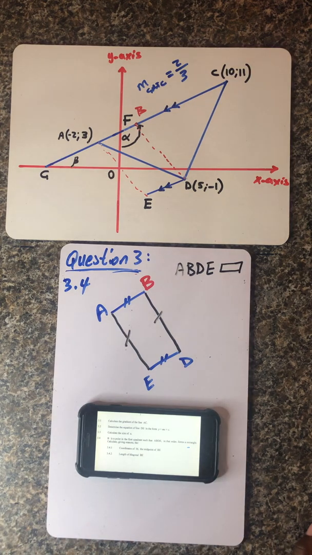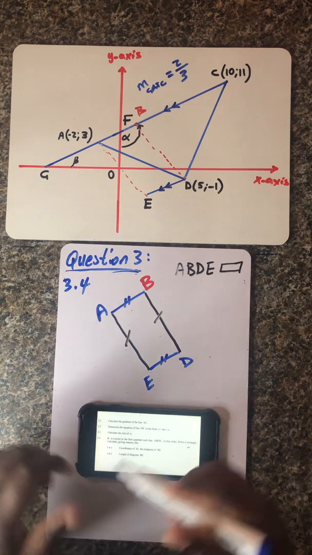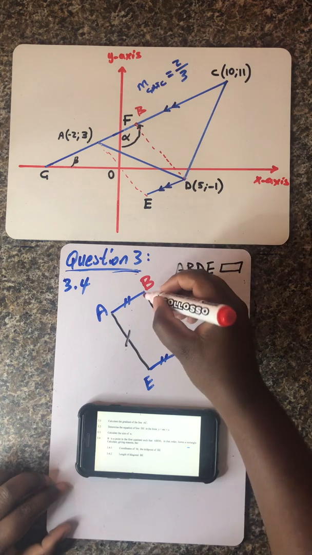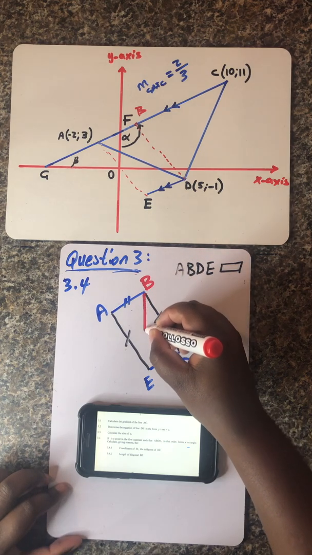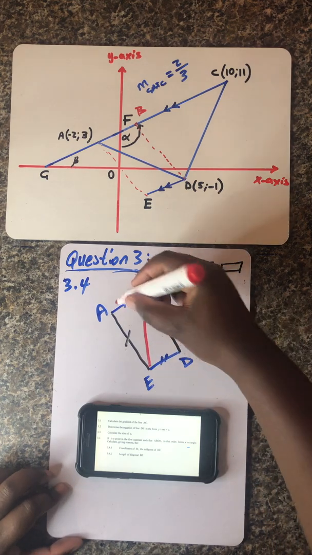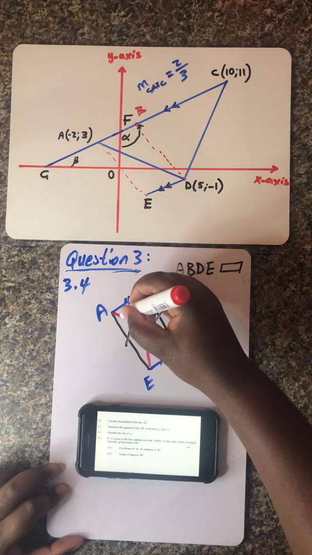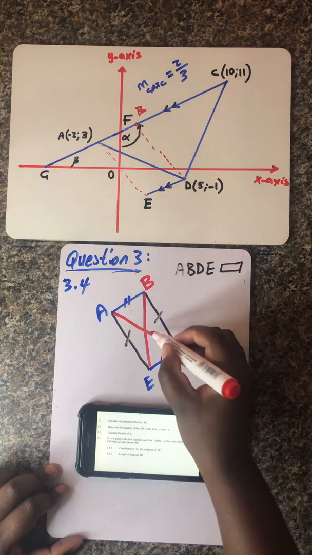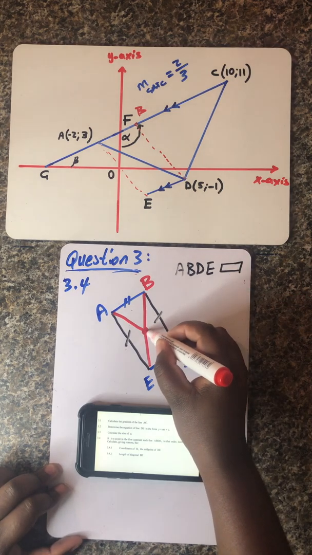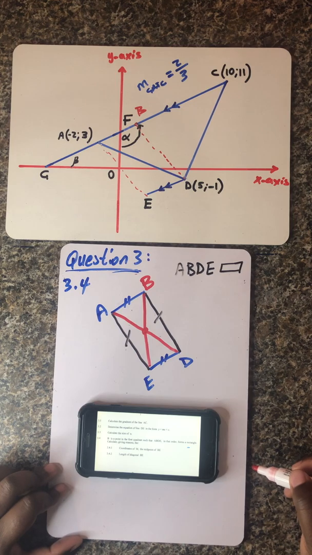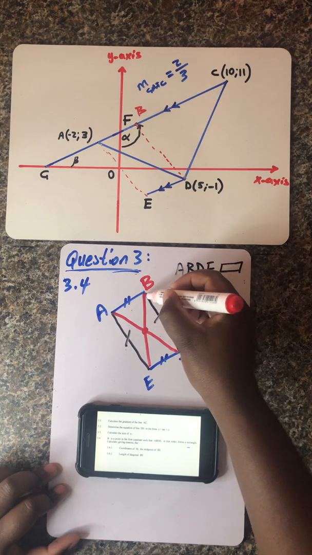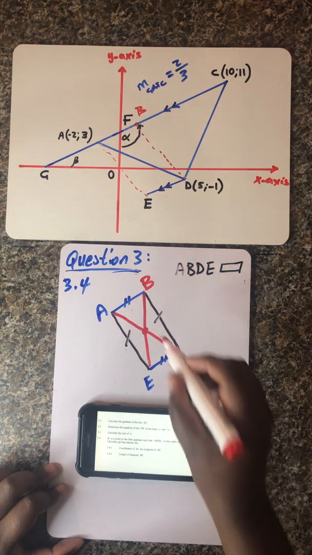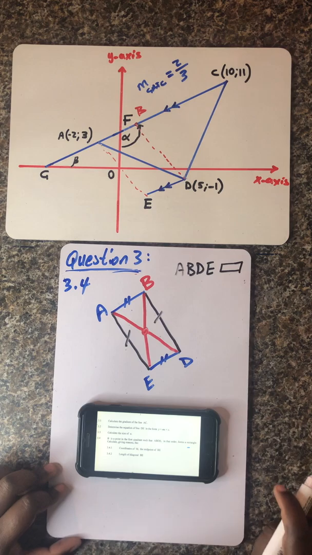If we draw diagonal lines joining B and E, and again a diagonal line joining A and D, that point of intersection of the diagonal lines is a common point for these two lines. I'm not sure if you fully understand what I'm trying to say, ladies and gentlemen.